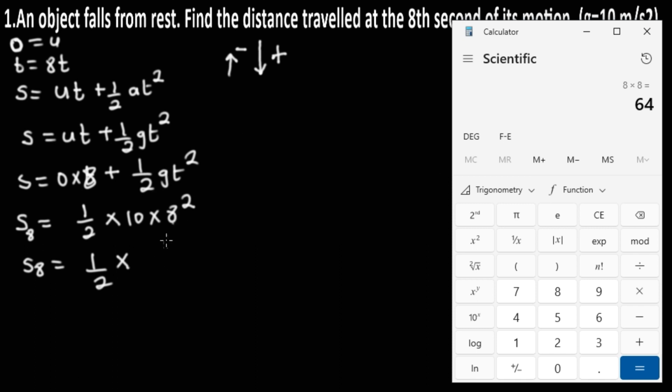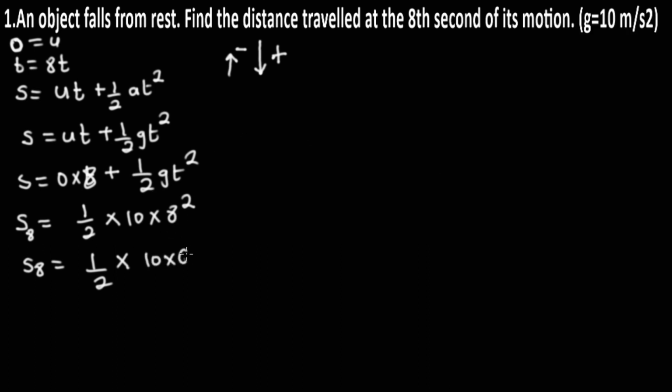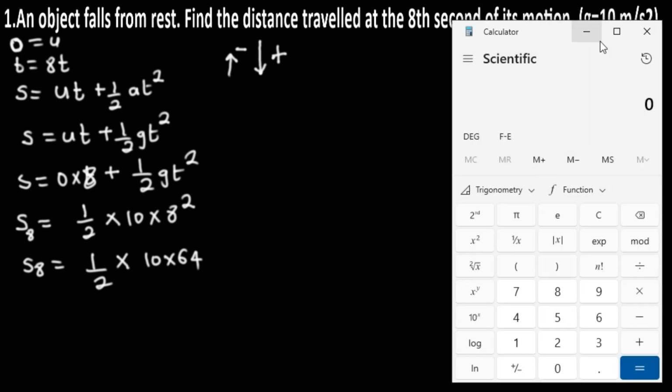So it's going to be 64. 10 times 64, so 10 times 64 is going to be what? Let's pop out our calculator. 10 times 64 is going to give us 640.